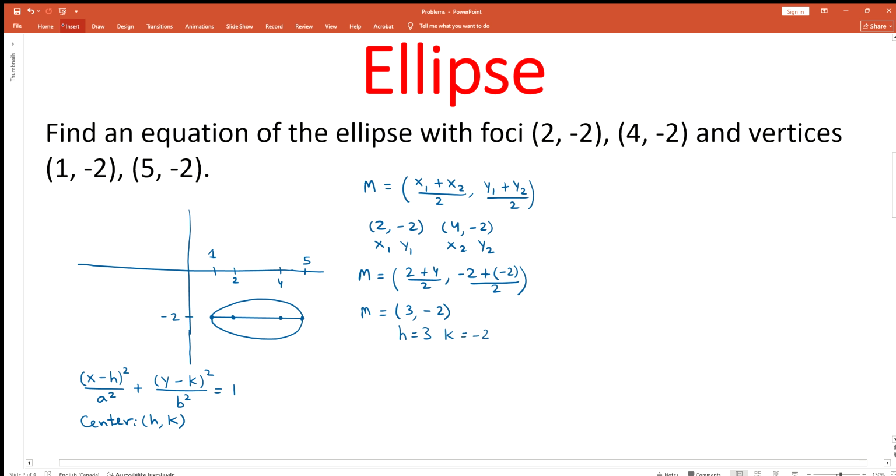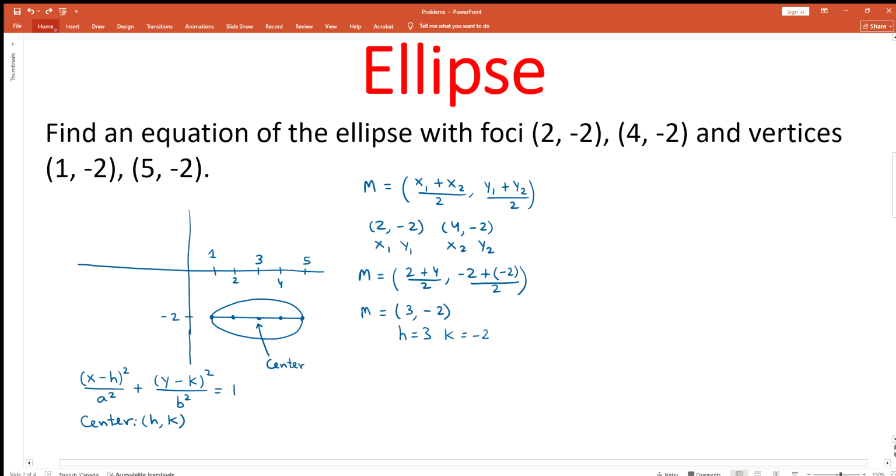Next, we have to find the values of a squared and b squared. For that, we can analyze the sketch on the board. The center of the ellipse is here. The value of a is equal to the distance between the center of the ellipse and either of the two vertices of the ellipse.